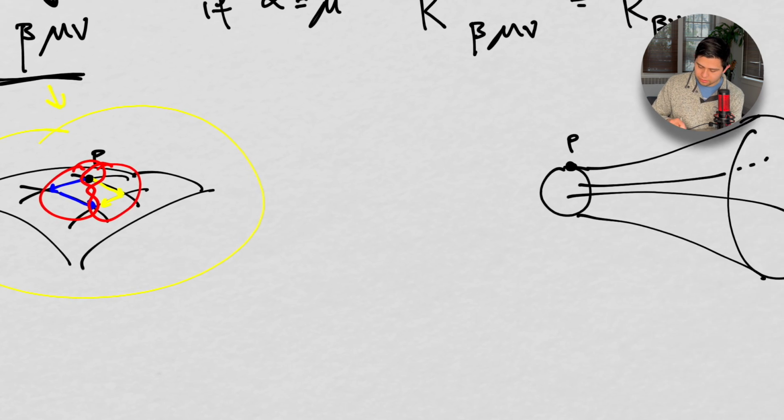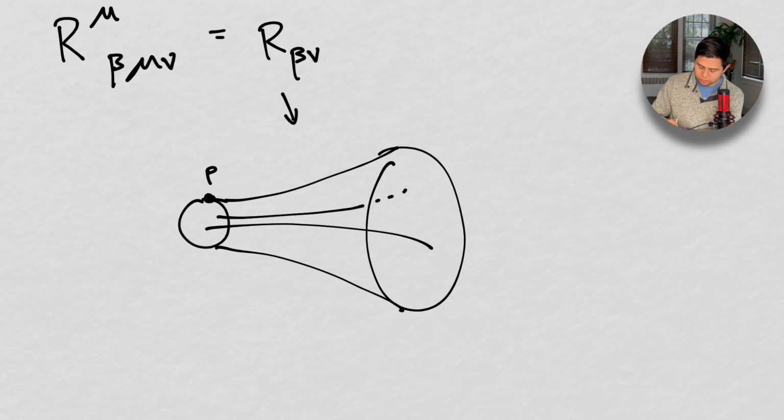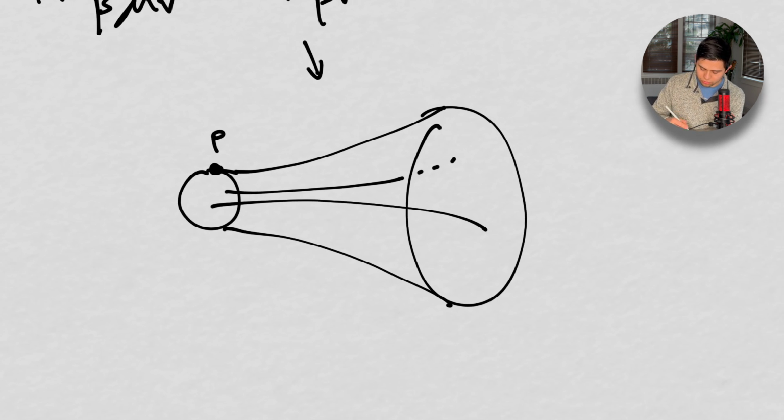The Ricci tensor is going to tell us something about volumes. So the volume of some sphere at point P. What's the volume going to do at some other point if we travel some other direction on the manifold? So say we travel this direction on the manifold.